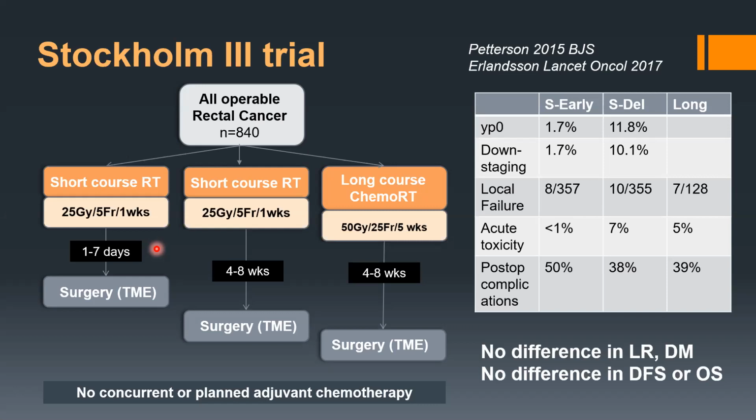The local failure rates were the same. There was slightly higher acute toxicity and no difference in late toxicity, and no difference in any of the other markers of local recurrence, distant metastases, disease-free survival, or overall survival. And this showed that for tumors that require downstaging, short course radiotherapy followed by a bigger gap before surgery would be a pretty good approach to follow.